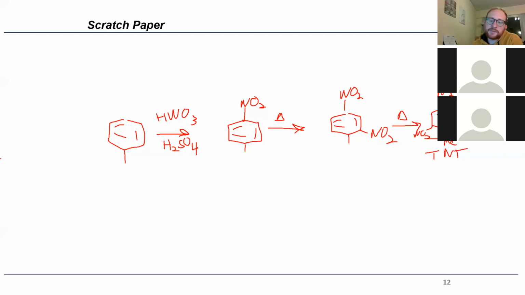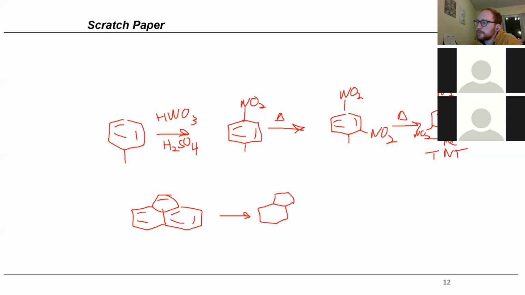Sorry, I didn't realize I wasn't drawing it for those of you playing at home. So this is an anti-aromatic system, but it's also weirdly cross-conjugated. But it forms a Wieland intermediate that looks like this.